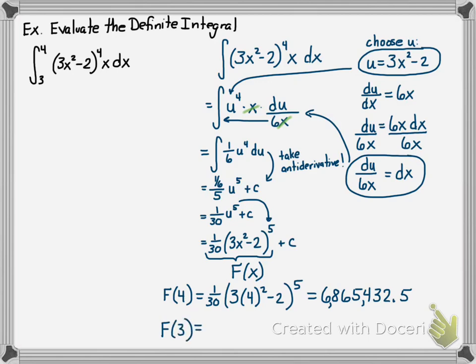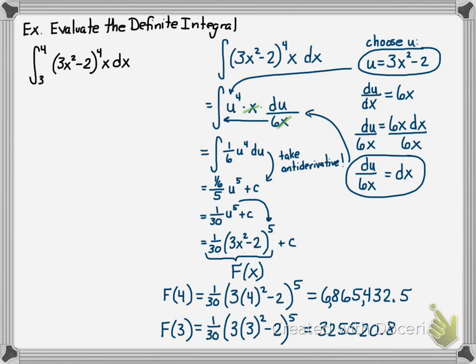And our capital F of 3, that is our bottom bound. The 3 is at the bottom of the long stretched out S. We plug in 3 for x, and so we have 1 over 30 times (3 times 3 squared minus 2) raised to the 5th power. And when I type that into my calculator, what I get out is 325520.8.